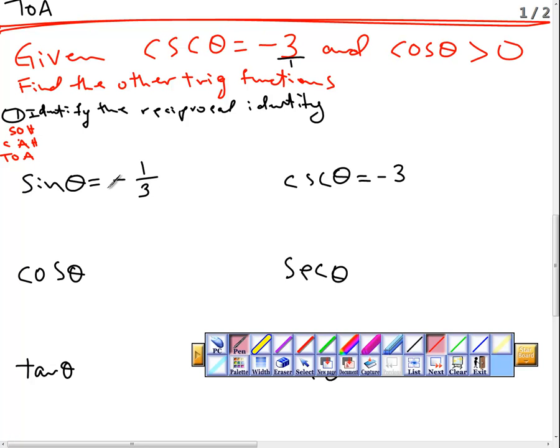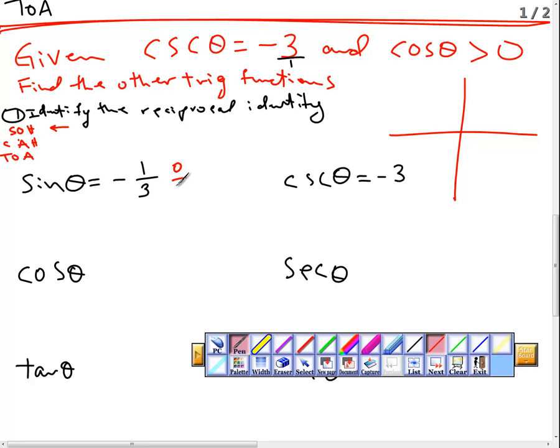This sine we know is what ratio? What over what? Opposite over hypotenuse. Right, good.